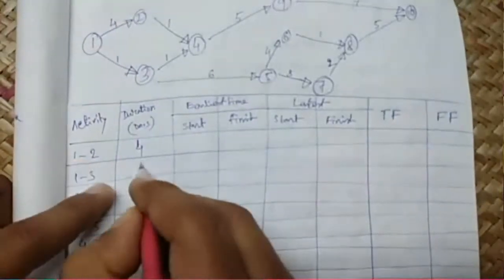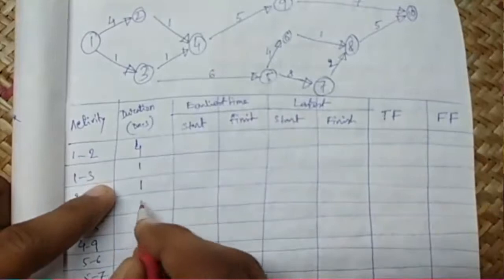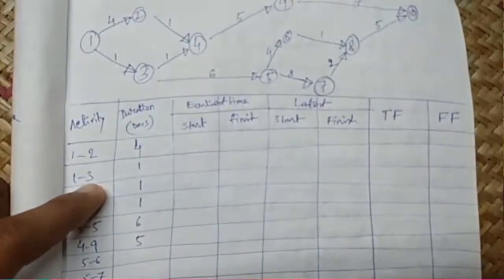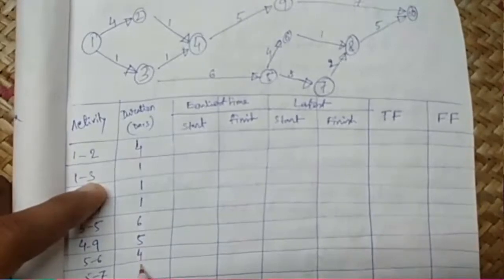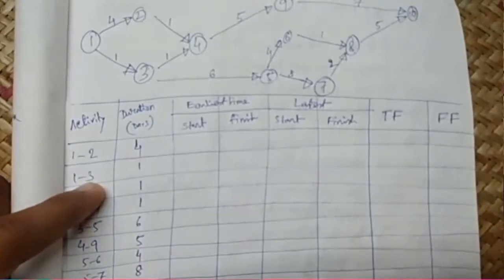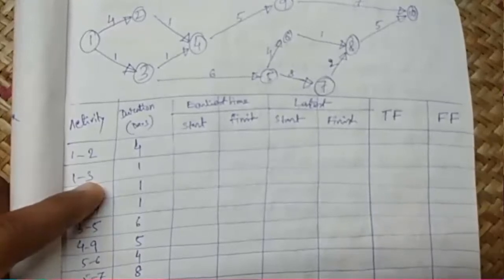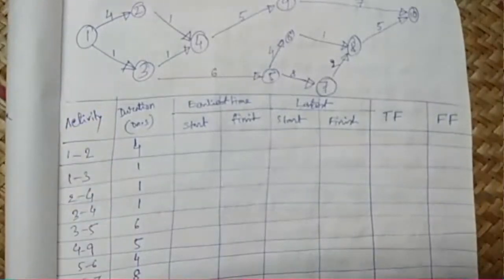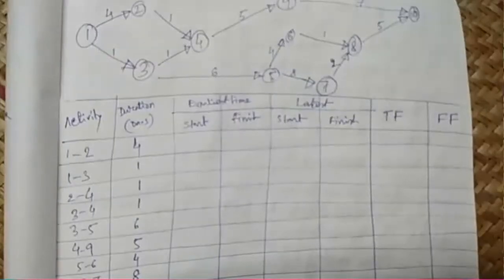So 4, this takes 1, 1, 1, now 6, 5, 4, 8, 1, 2, 5, 7. Okay, so these durations are given and we have to write them out.